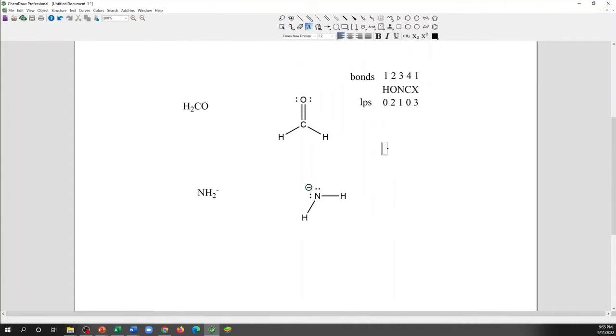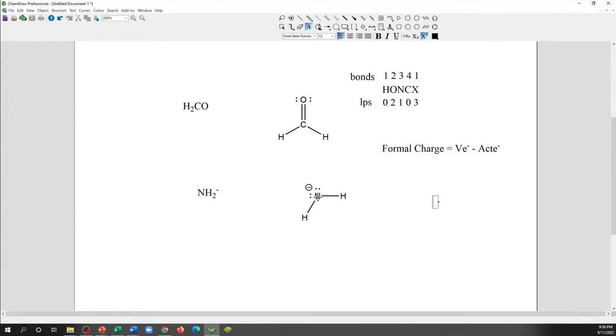The way that we calculate formal charge, so that's not how you spell formal charge. Formal charge is equal to the number of valence electrons that we expect from the periodic table minus the number of actual electrons. So the formal charge calculation is equal to the number of valence electrons that something is supposed to have minus the number of actual electrons that we've assigned it.